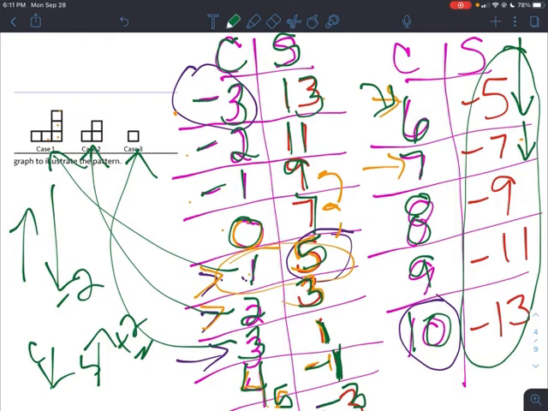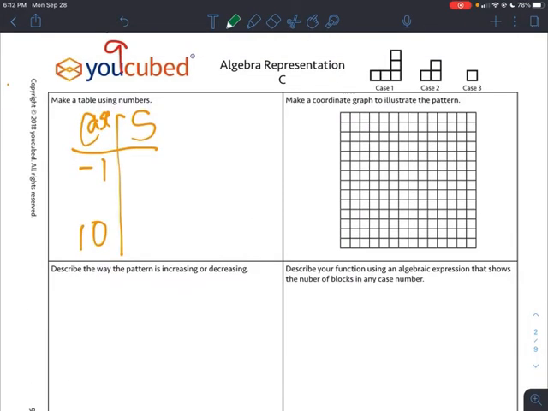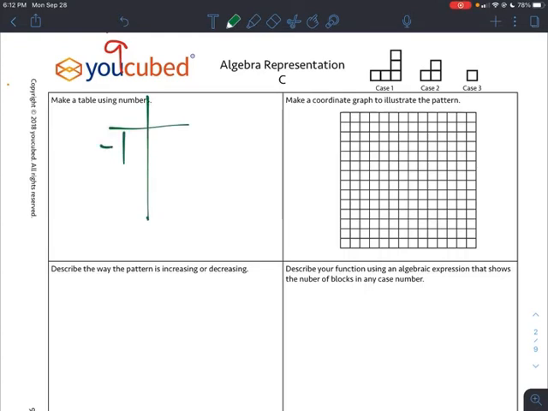So this is my little table. I'm going to bring this information up to my thing. I'm going to do that by just going -1, I'm just going to write it right over, -1, 0, 1, 2, 3, and then 4 and 5.